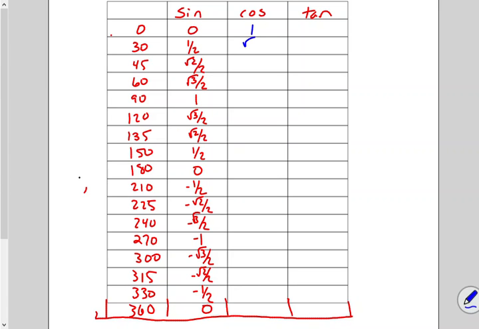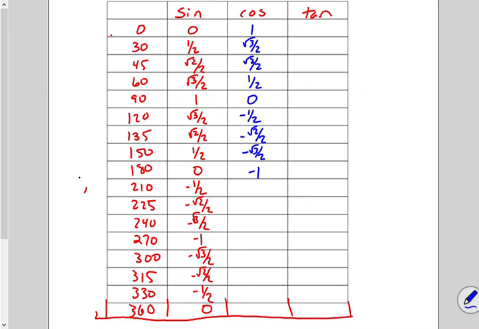1, root 3 over 2, root 2 over 2, 1 over 2, and then it gets to 0. And then it goes into the negatives. Negative 1/2, negative root 2 over 2, negative root 3 over 2, and then negative 1.